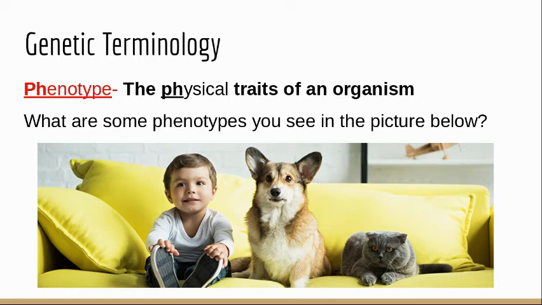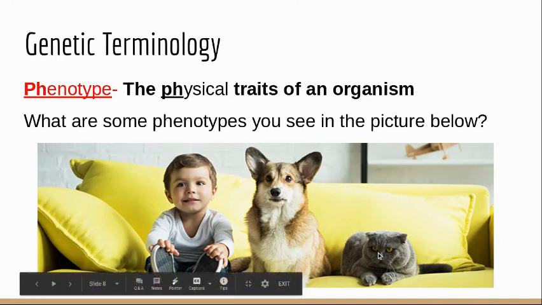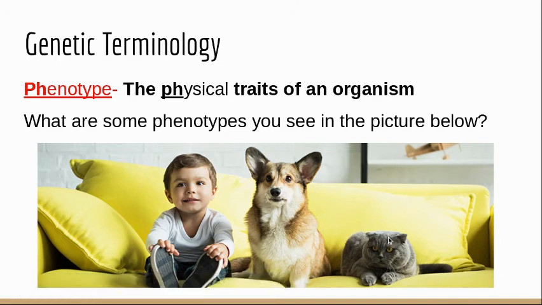All right, so hopefully some of the phenotypes you may have noticed are brown hair, brown eyes, thin lips, brown, white, black fur, large ears, brown eyes, black nose, yellow eyes, gray fur, any of those. Anything that's physical that you can see is an example of a phenotype.